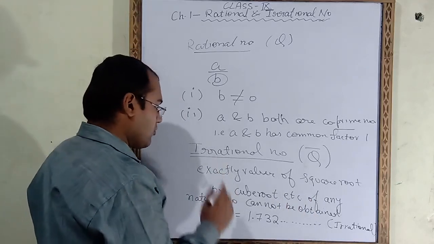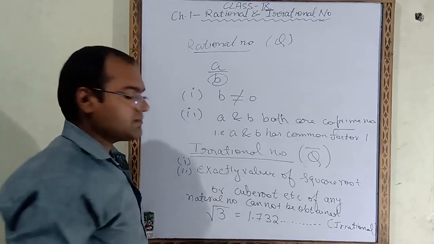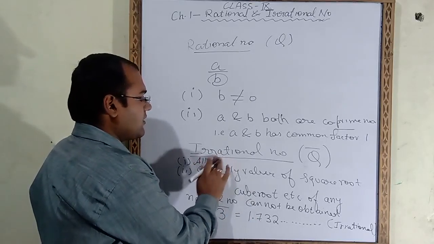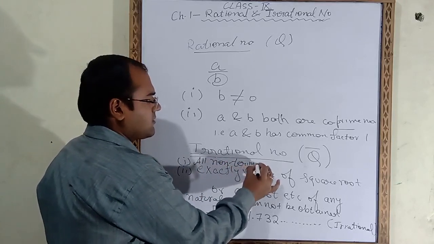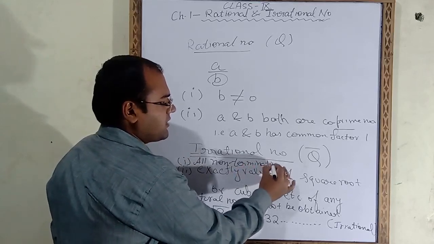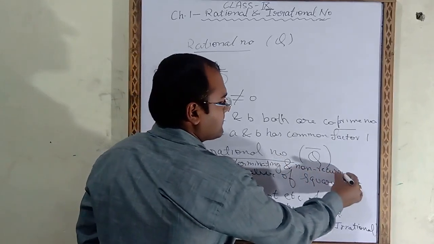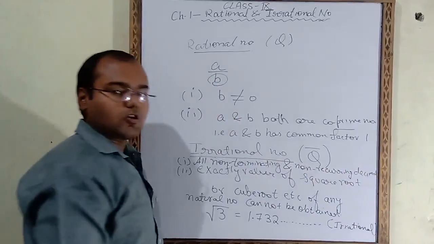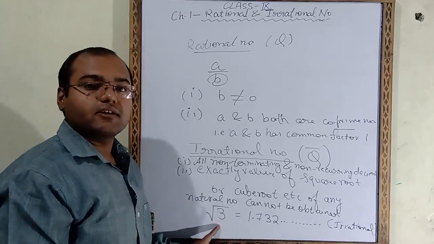This is the first point. Now one more point. All non-terminating and non-recurring decimals are also called irrational numbers. We found the square root of 3 and did not get the exact value.